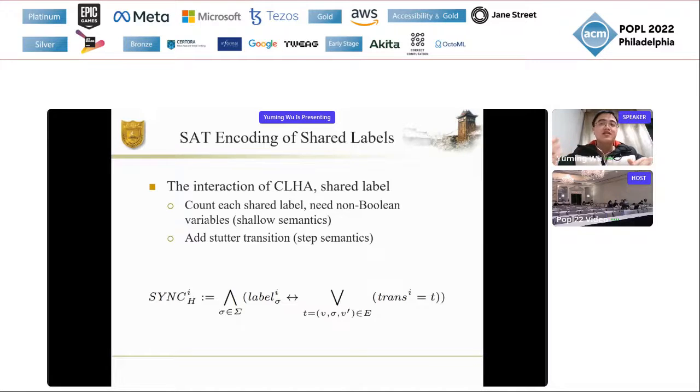It counts each shared label and needs non-Boolean variables, but SMT solvers don't perform well when the scale of the problem is large. To make the path traversing efficient, we choose the encoding method based on the step semantics. The encoding guarantees that automata which have a specific shared label have to enable each shared label at the same position.